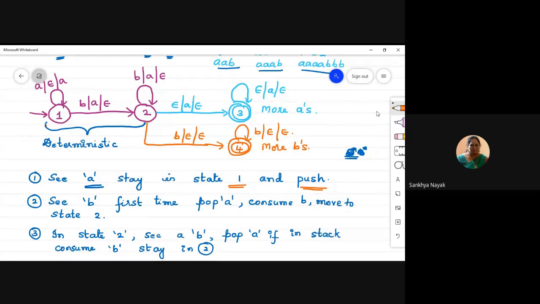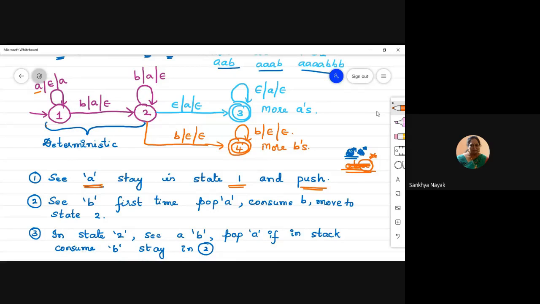The reason for this pushing and popping is that after B you cannot have A. This question also says you have an unequal number of A's and B's, but that is not the language we are designing. So once we get the first B, there should be no scope to get A. Whenever you get A, just stay in state 1.